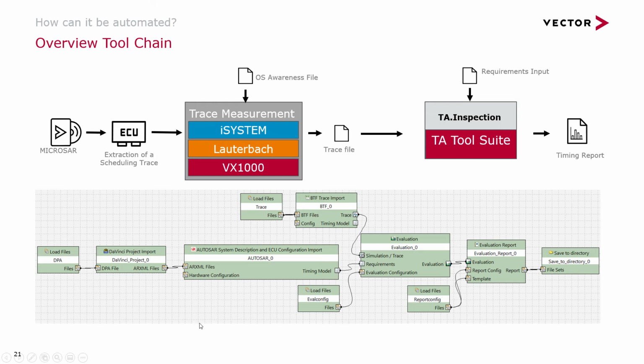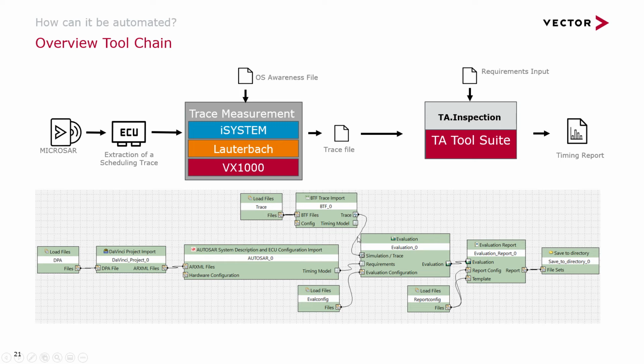Every one of these green boxes is a job node, and each job node replicates an interaction with the GUI of the tool. So what this workflow is basically doing, it is loading your DaVinci project files and then importing the AutoSAR system description and ECUC to generate a timing model, which is then combined with a trace and evaluated, and a timing report is created.